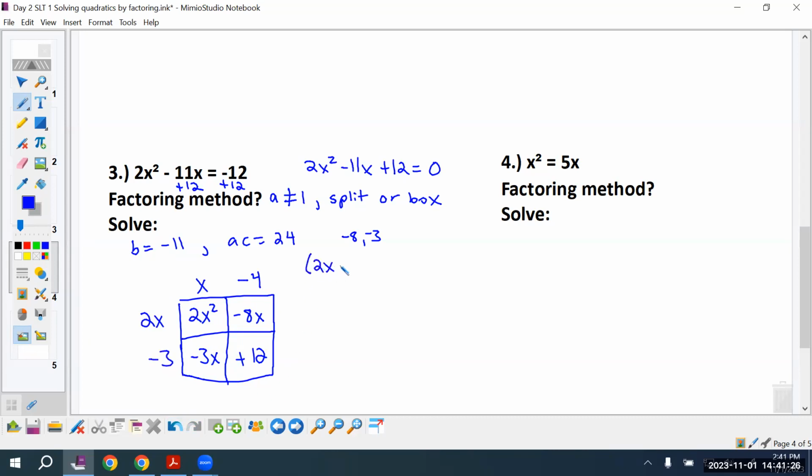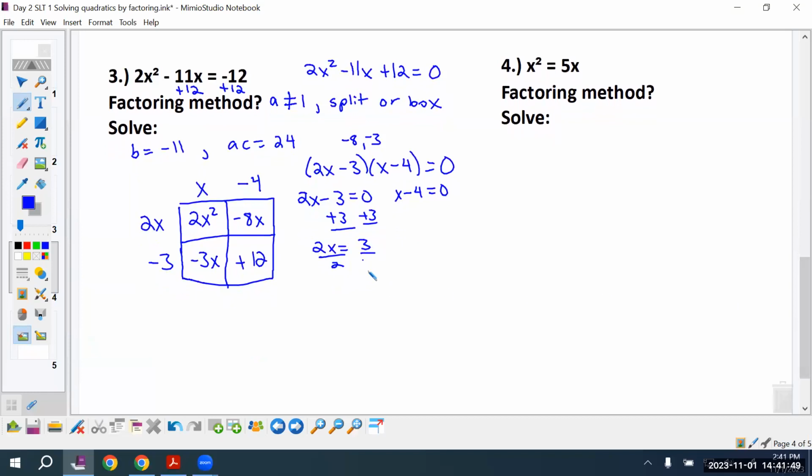That makes our factors 2x minus 3, x minus 4. Set each factor equal to 0. We get x equals 3/2 and x equals 4. Oh, that's an ugly 3/2. Oh, well.